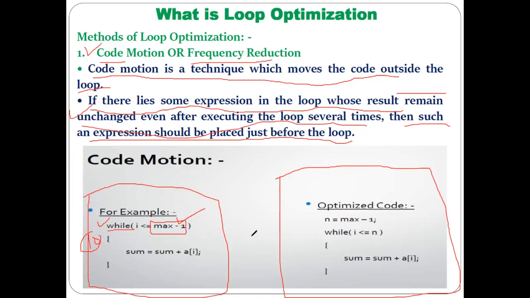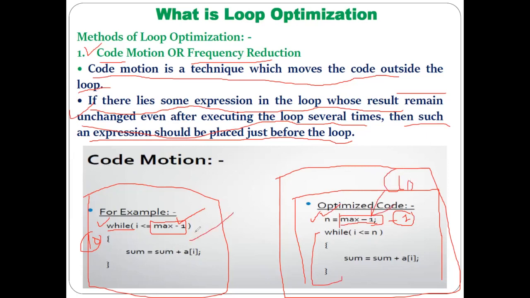Okay, so how can it be done? It can be done like this. We have taken a separate variable n and written max minus 1, meaning whatever the result of max minus 1 is, it will be evaluated once and saved in the n variable. Now even if this loop runs 10 times, it is not going to be evaluated 10 times.